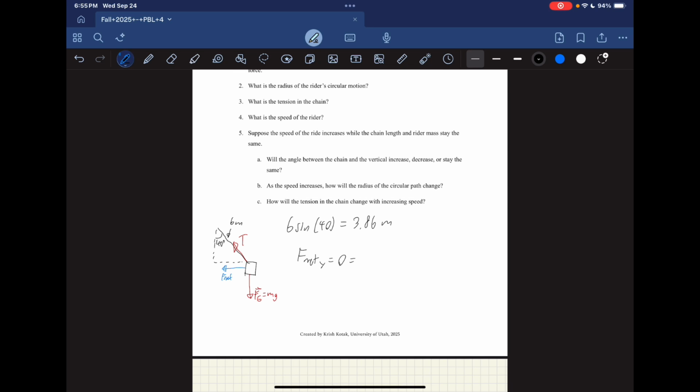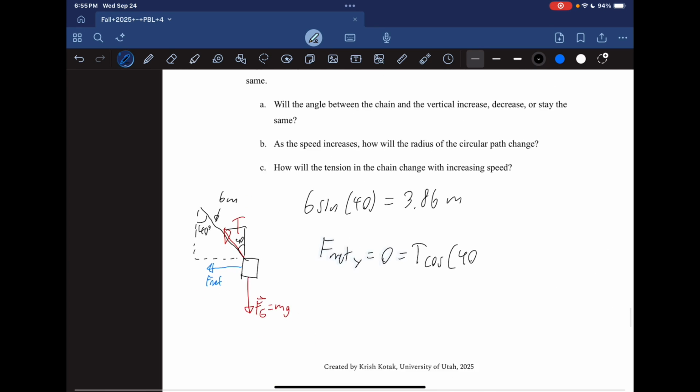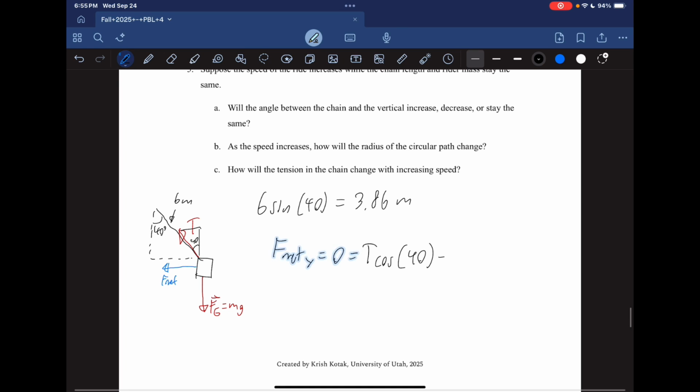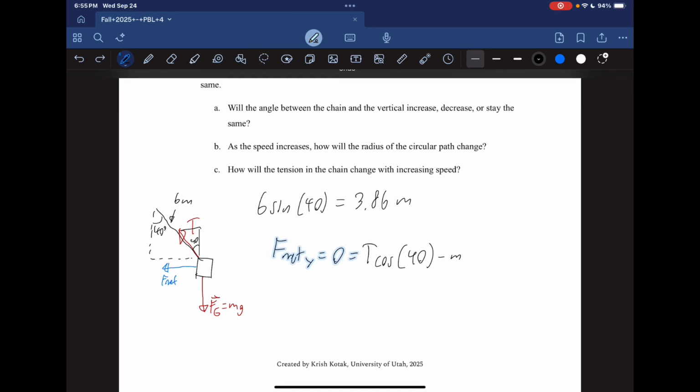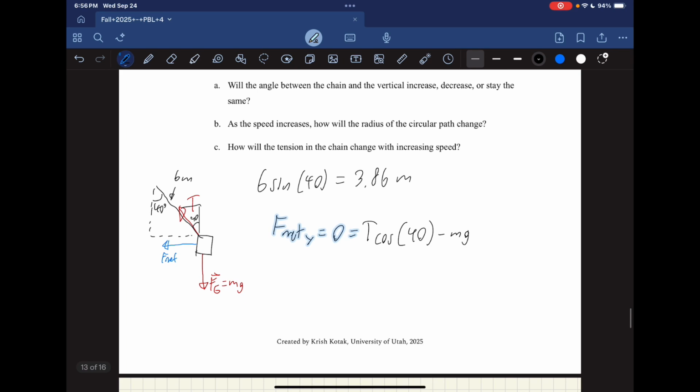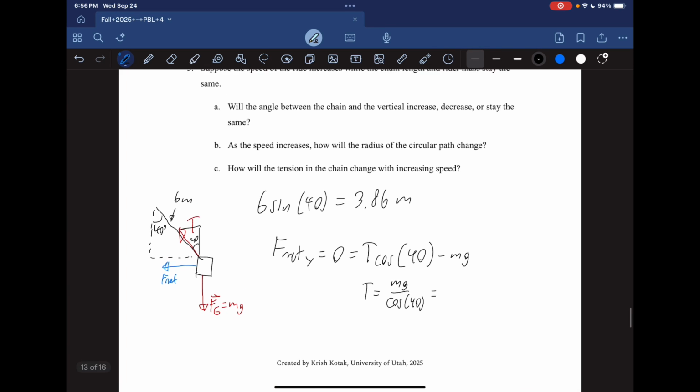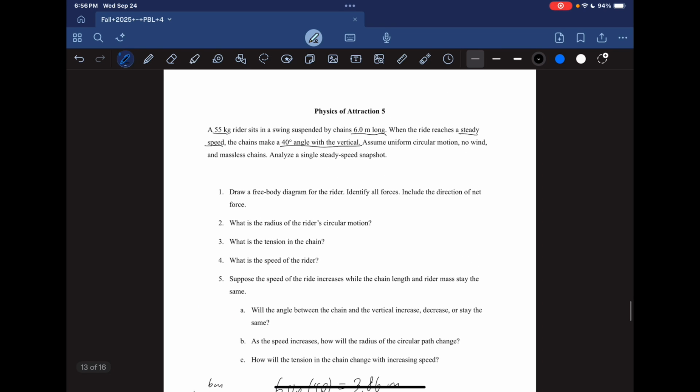And this is going to equal T cosine of 40. If you draw your triangle here, this angle is 40 degrees. So T cosine of 40 minus mg. You can just solve this for T, and you get that T, which is our tension, is equal to mg over cosine of 40.